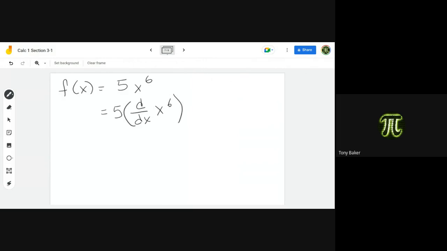Remember, d dx means the same as taking the derivative. So what's the derivative of x to the sixth? 6x to the fifth, right? So the answer will be 30x to the fifth. So the constant doesn't change the power rule. We just have to multiply whatever we get by what that constant is.